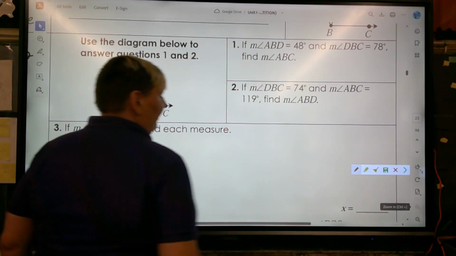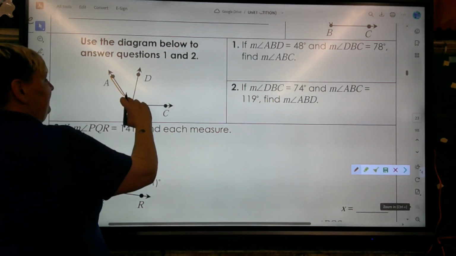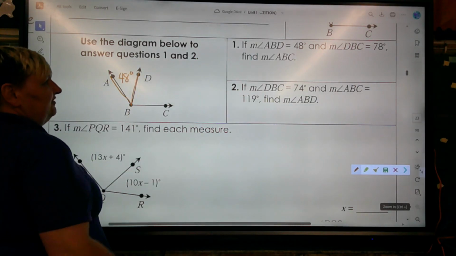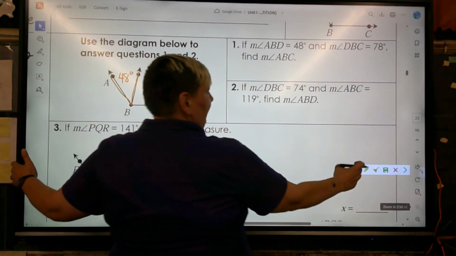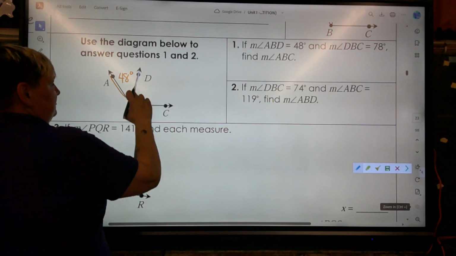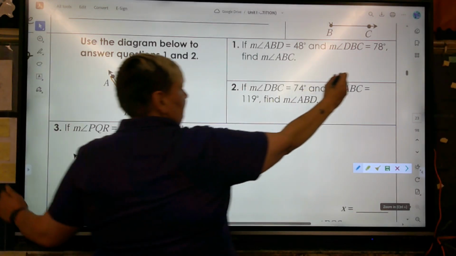So if you have ABD, which is this one, is 48 degrees, and then you have DBC, which is this one, is 78 degrees, right?